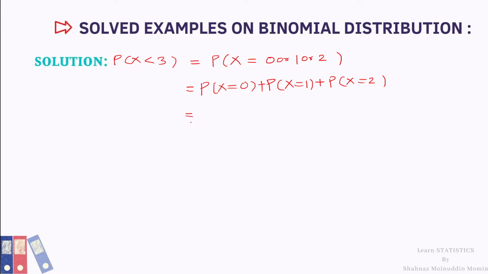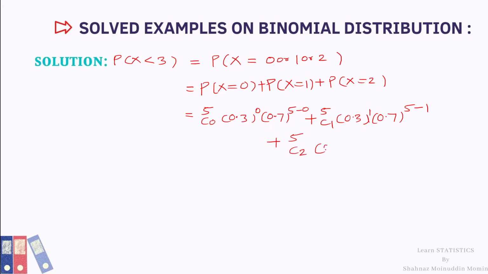From the probability mass function, we get probability x equal to 0 as 5C0 0.3 raised to 0 into 0.7 raised to 5 minus 0, plus 5C1 0.3 raised to 1 into 0.7 raised to 5 minus 1, and the last probability is 5C2 0.3 raised to 2 multiplied by 0.7 raised to 5 minus 2.